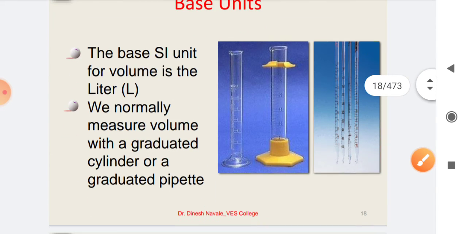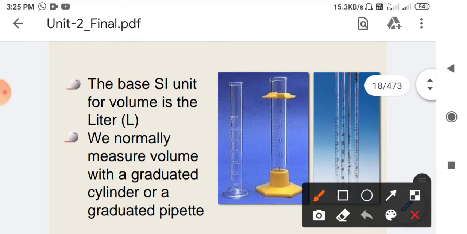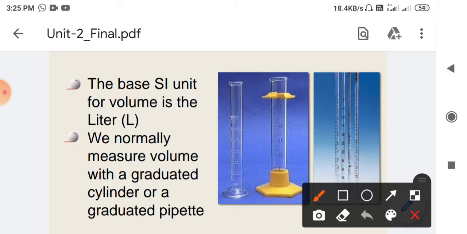If you want to measure liquid, because liquids occupy volume, for measuring volumes we generally use a certain base unit, and the base SI unit for volume is liter.